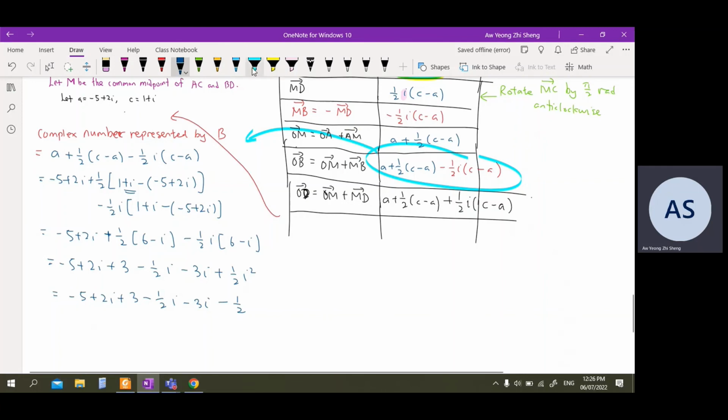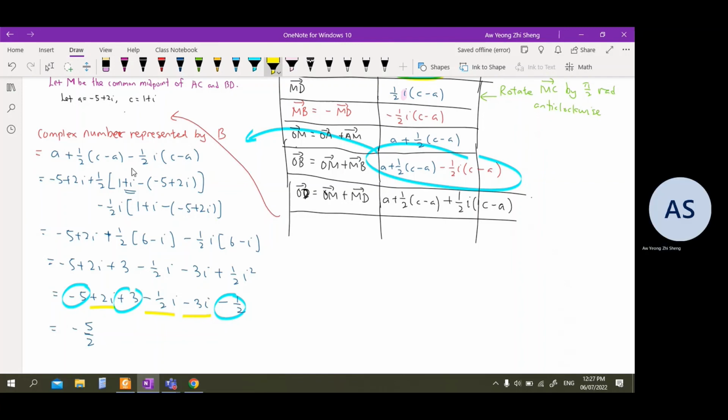Okay, so the real terms, let's sum up. Negative 5 plus 3, negative half. That's 3 minus 5.5. That will be minus 2.5 or minus 5 over 2. Then the terms containing I have a plus 2, minus 3, minus half. That gives me minus 3 over 2. Yep, minus 3 over 2I.